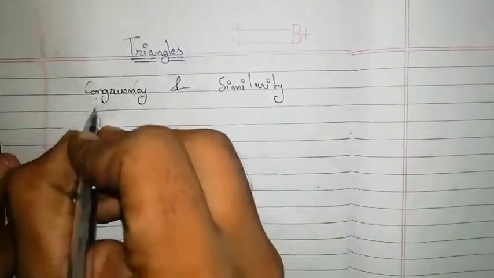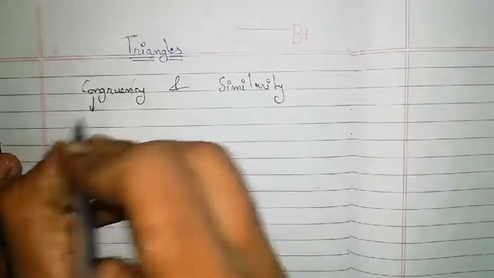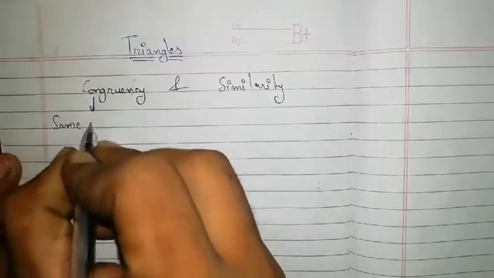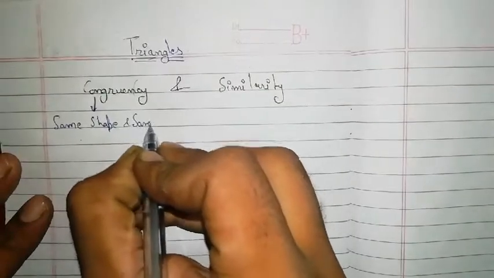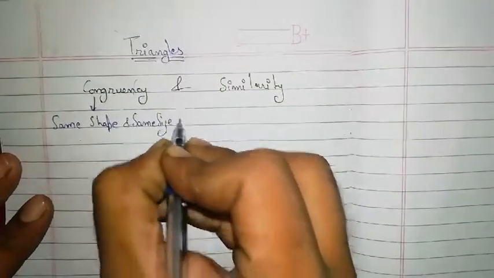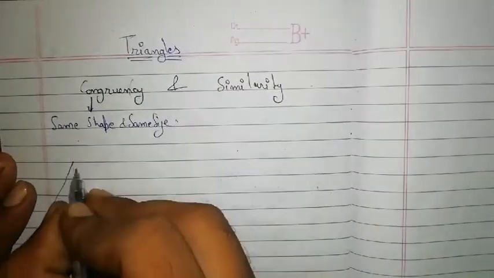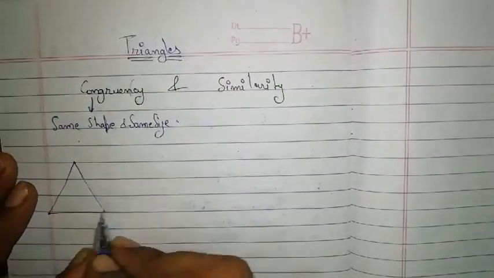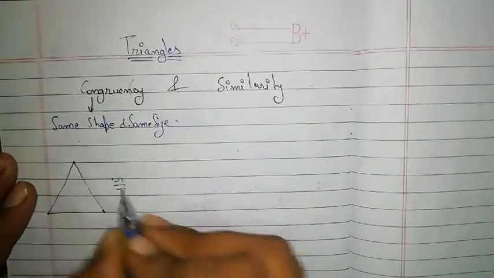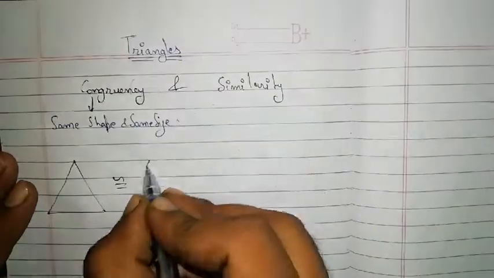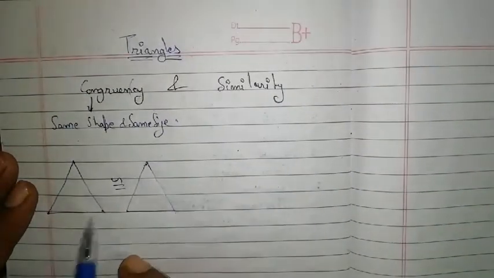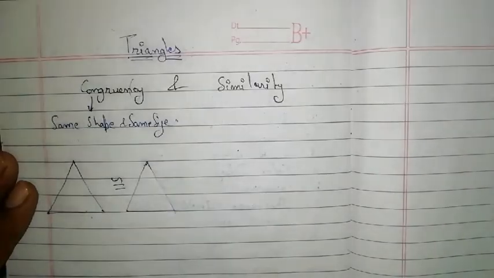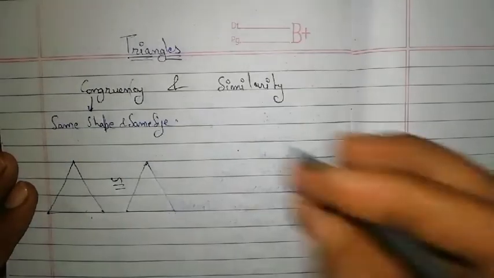It means that two triangles are congruent if they have the same shape and also the same size, right? Suppose if this is one figure, this is the congruency representation sign for the two triangles. They both have same shape and same size, but for similarity it is not so.